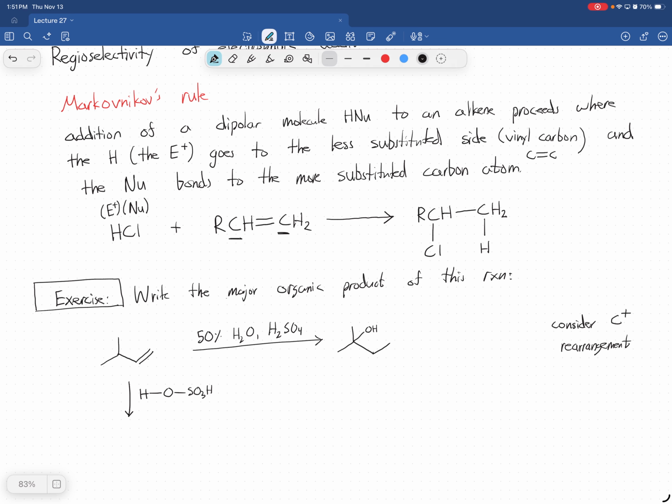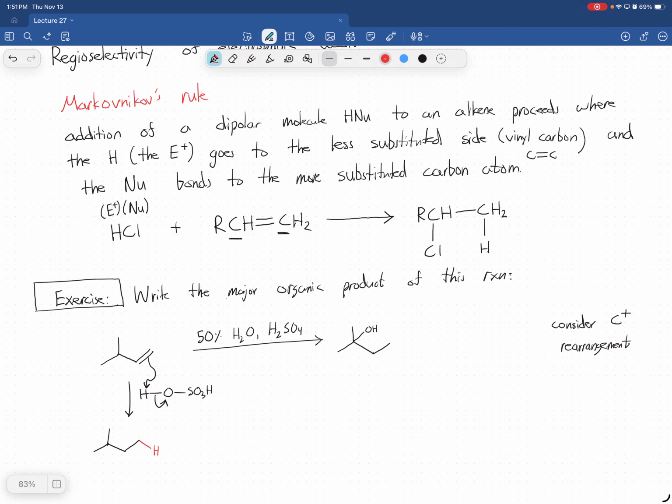So this will attack this H and protonate. Where does the H add? Is it going to be to the right side of the alkene or the left side? The right side. That's the least substituted position. So that's where our H is.